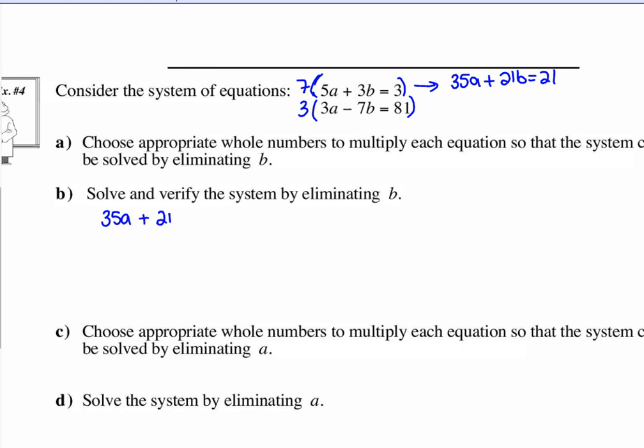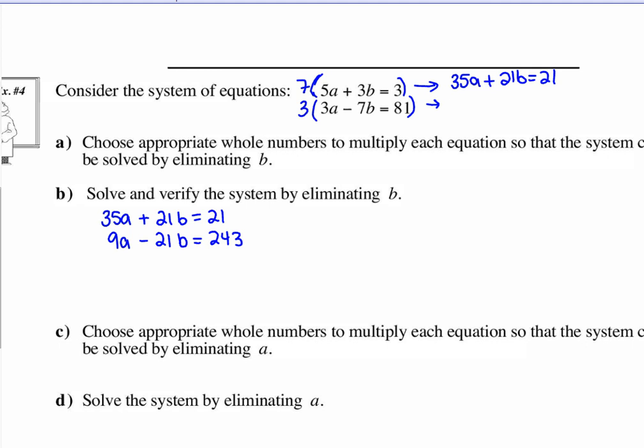And sometimes just pointing out where the biggest mistake is will help you be aware of that when you're doing your work, right? Hopefully. The second equation will become 9a minus 21b equals, thank you, 243.